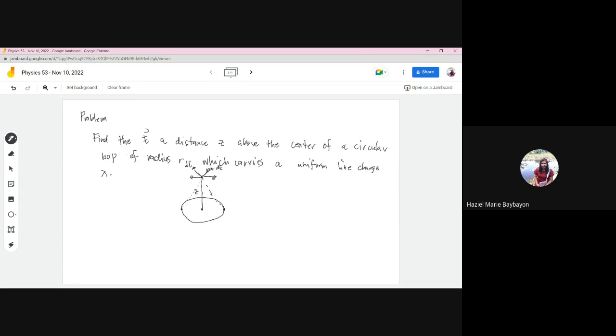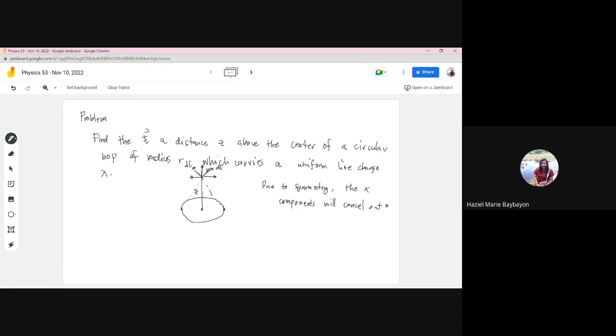Okay? So, due to symmetry, the x components will cancel out. And ang mag-survive kay ang z components. So, kini siya nani siya z components that is going upward. So, the x components will cancel.